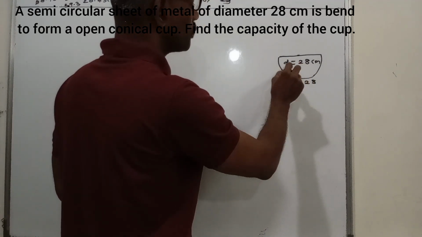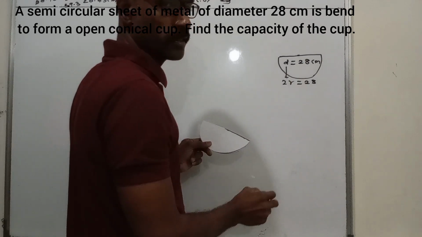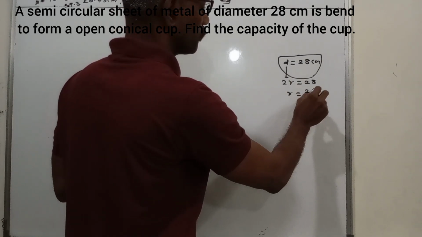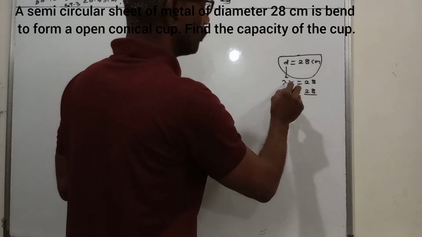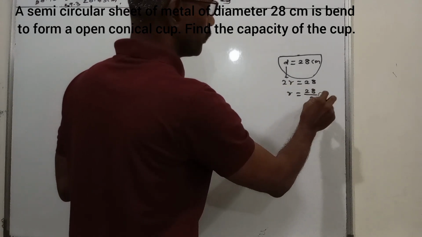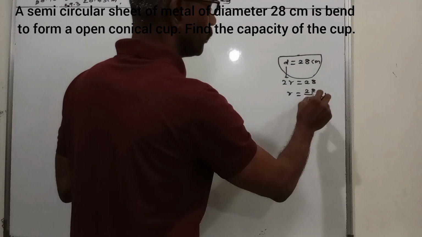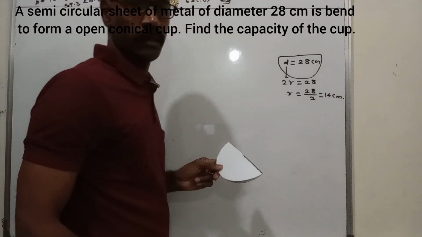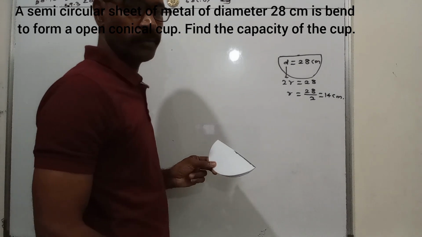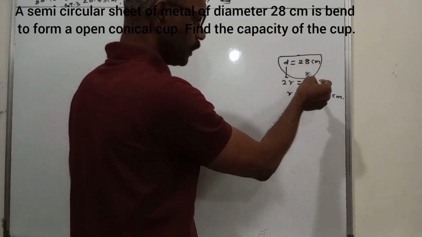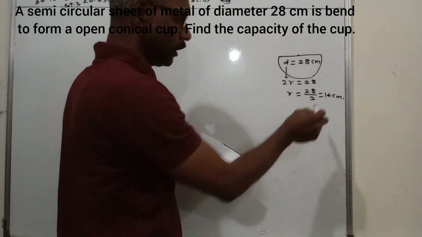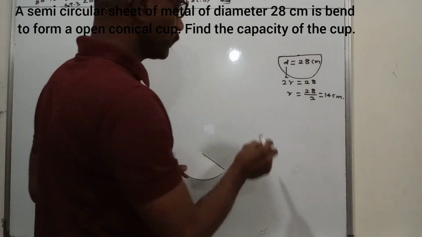Therefore D means 2 times radius, so radius R is equal to 28 upon 2, which is 14 centimeter. Now the radius of this semicircular sheet is 14 centimeter.